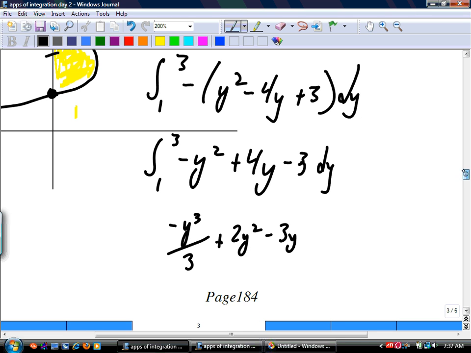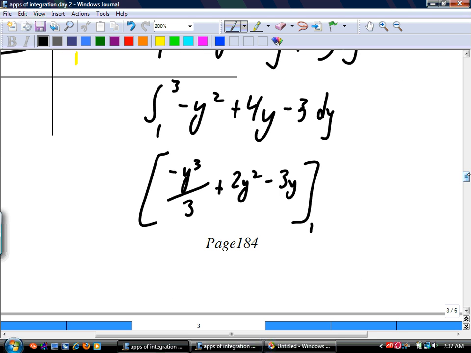And we're going to find the area between 1 and 3.